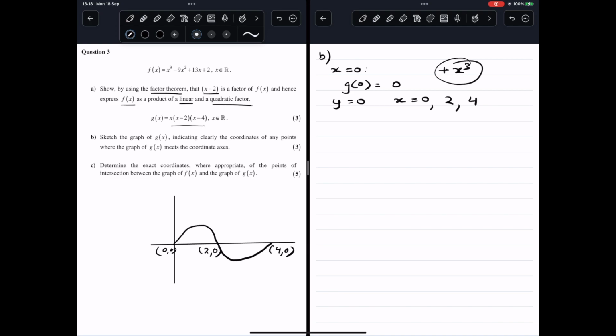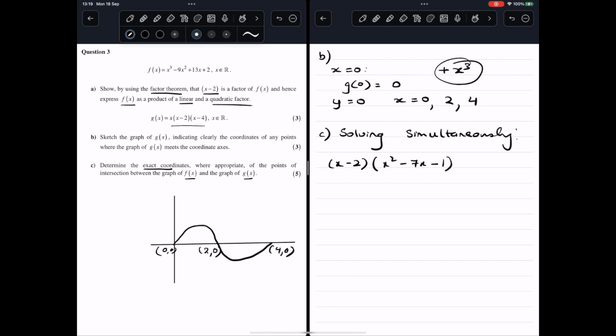Now, for part C, we have to determine the exact coordinates, where appropriate, of the points of intersection between f(x) and g(x). So I'm going to solve this simultaneously, and by doing so, I'm going to get all my values of x. So I'm going to just write down my factorized form.